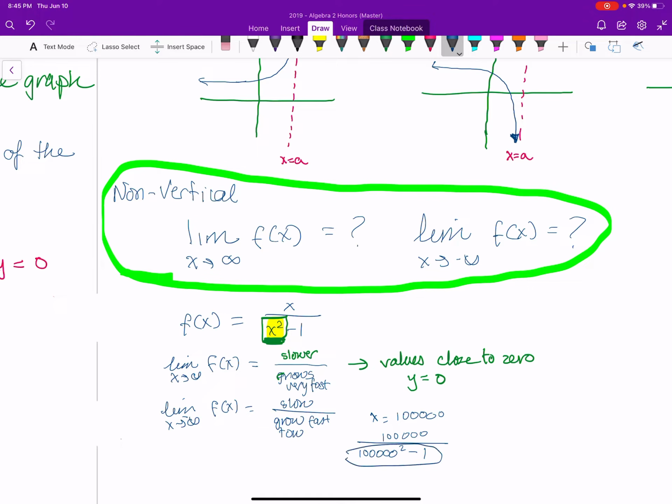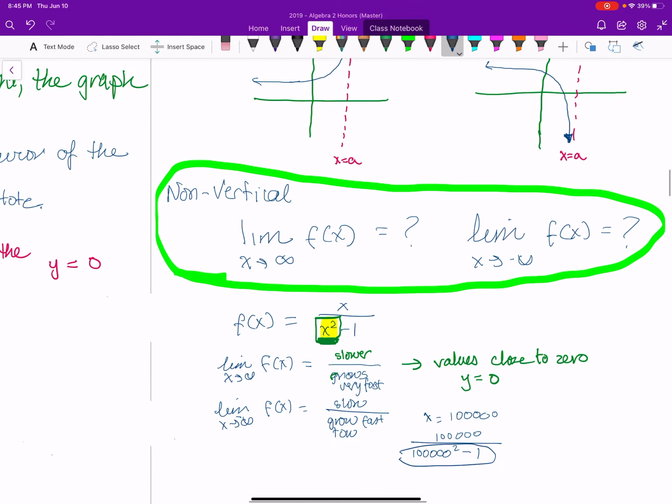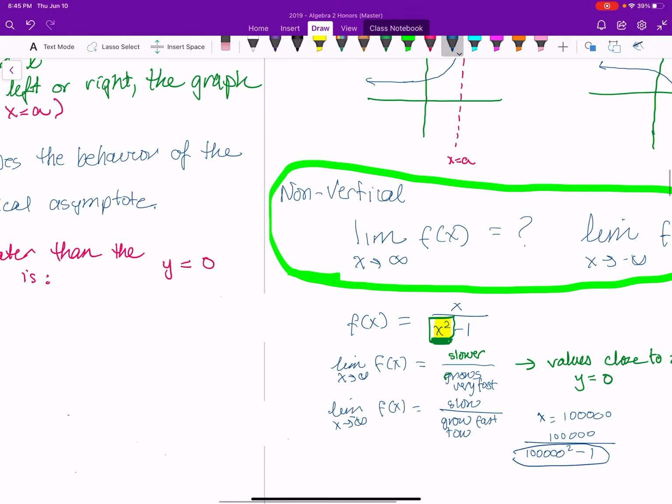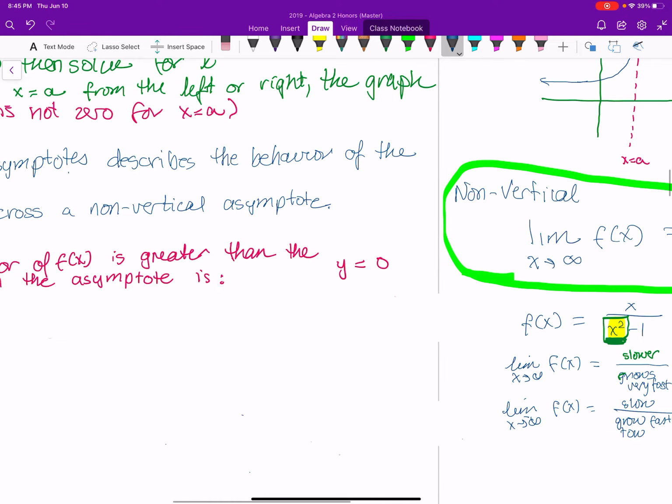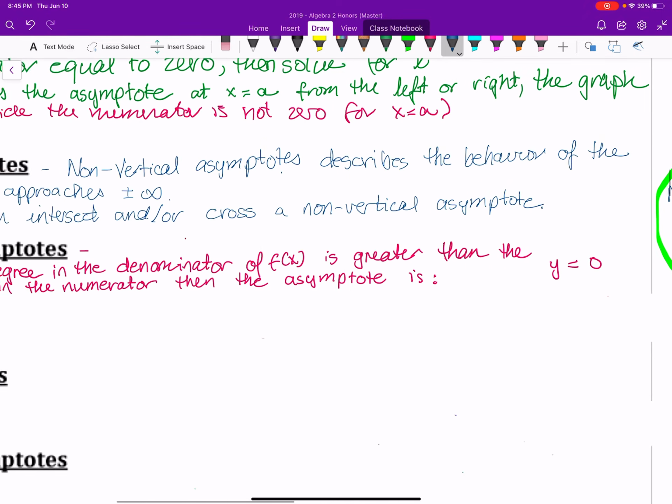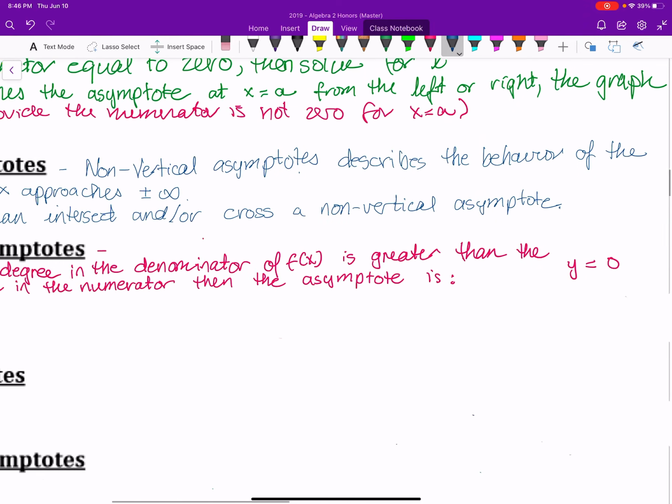This number is still astronomical, even though you have 100,000 in the numerator. So this is going to be 0.000 something, super close to 0. So this one is going to approach 0 whether it's positive or negative infinity. The key is, as soon as the degree is higher in the denominator, it will always grow faster, and the whole function is going to start approaching 0, whether you go to the positive or negative version of infinity.